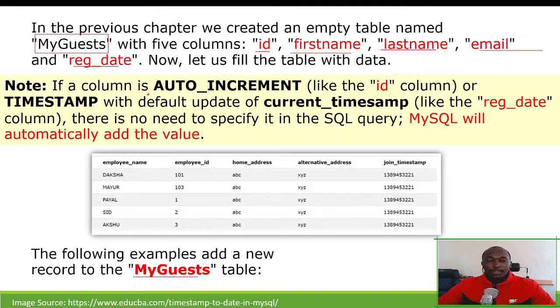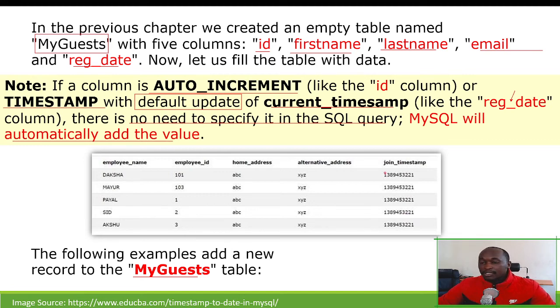But note, if a column is auto increment like the ID, or a timestamp with default update as current timestamp like the registration date field, then there is no need to specify it in the SQL insert query. So you don't need to do that.